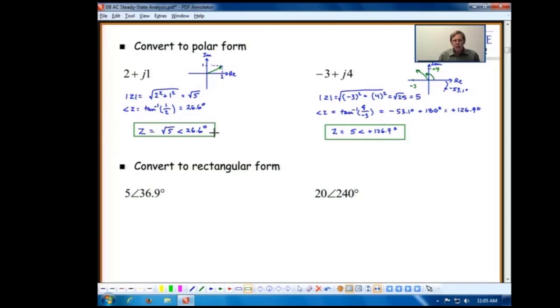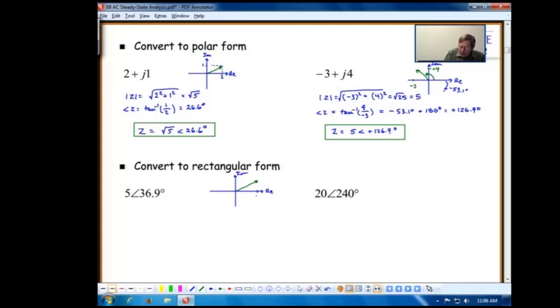Let's take a couple examples in going the other direction. I'll do the first one, then you can pause the video and try the second one yourself. So start off with a picture. We have a magnitude of 5 and the angle is 36.9 degrees. So we're somewhere up in here. I'm going to label my axes, the real axis and the imaginary axis.